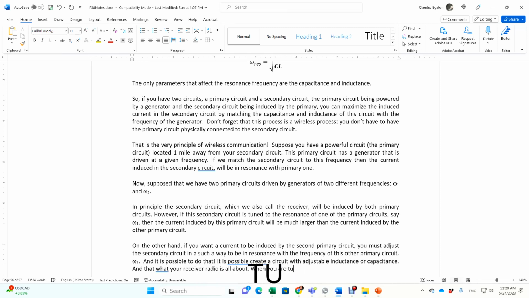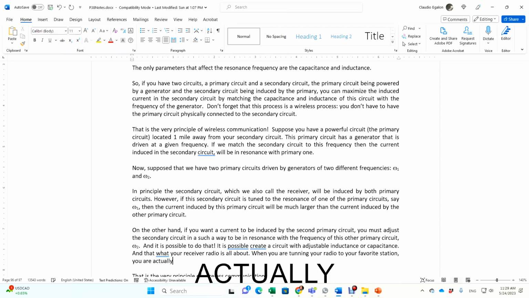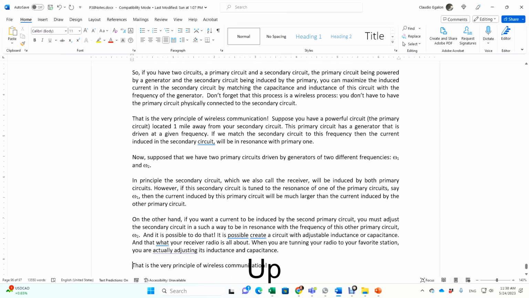When you are tuning your radio to your favorite radio station, you are actually adjusting its inductance and capacitance. Okay, so that's the very principle of wireless communication.